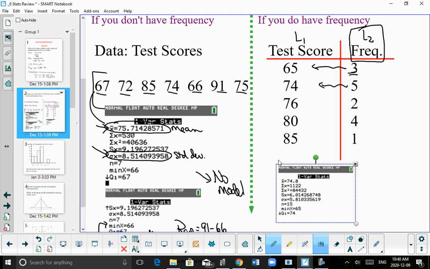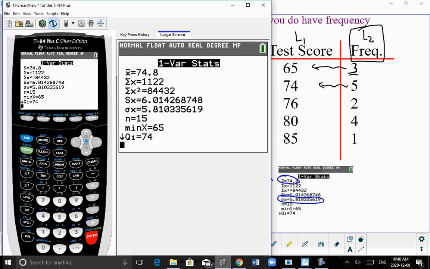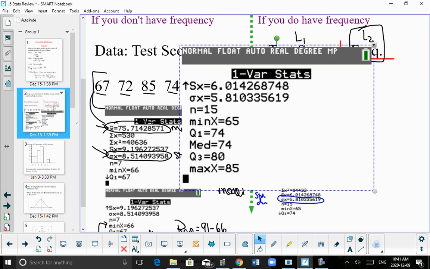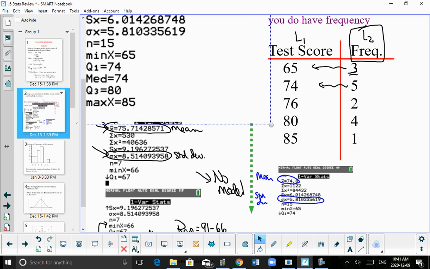Okay, so again here, just make this a little smaller. So this is my mean. This is my standard deviation. Okay, if I just go down here, hit the down arrow.